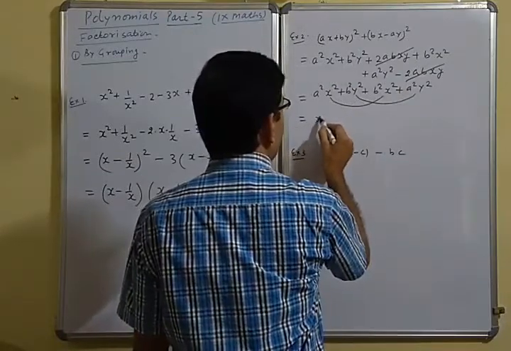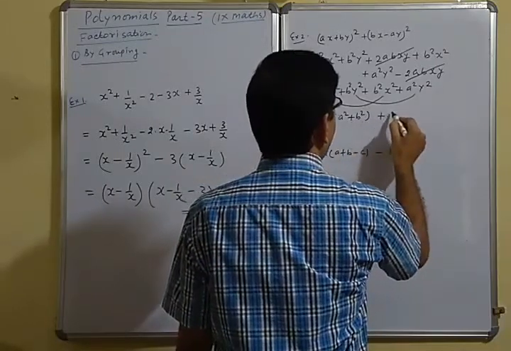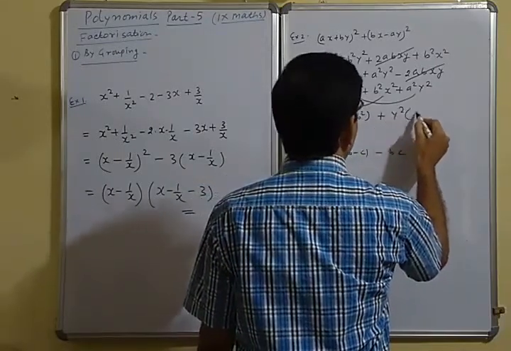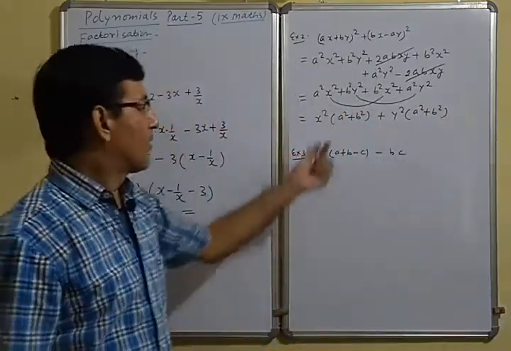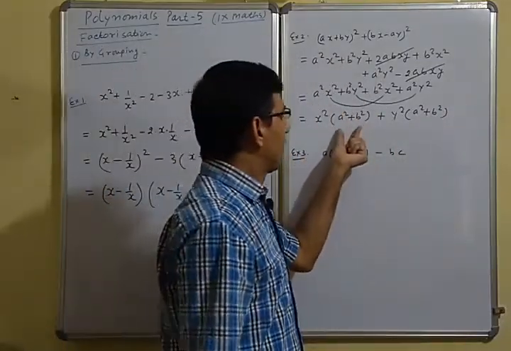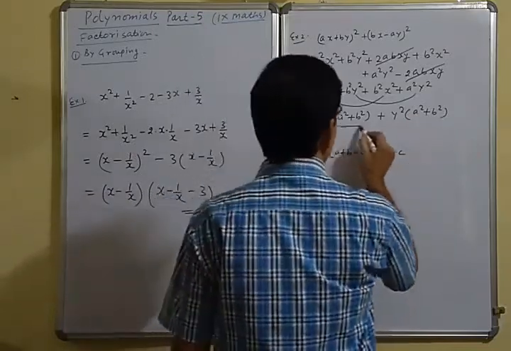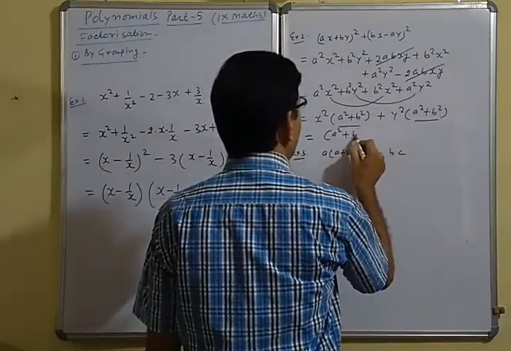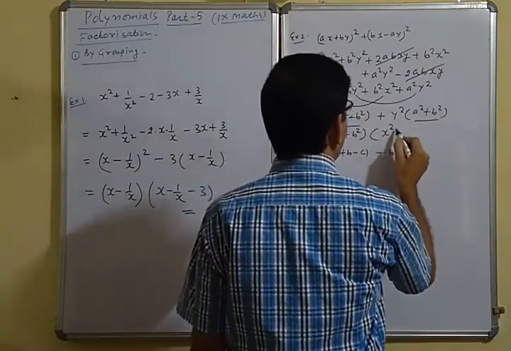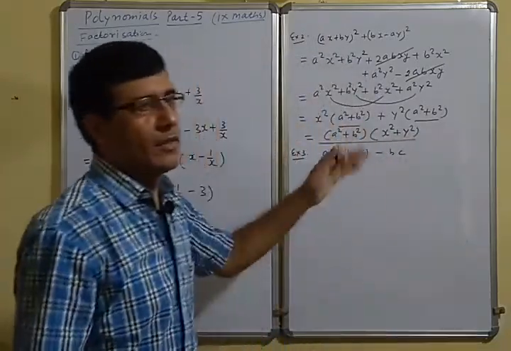Take x square common in a bracket: a square plus b square, and take y square common in the bracket: again you will get a square plus b square. So a square plus b square is common from this group and this. Now this is a square plus b square, and in the other bracket you will get x square plus y square. So this is the factorization of this question.